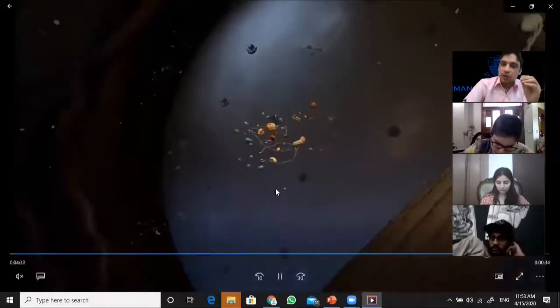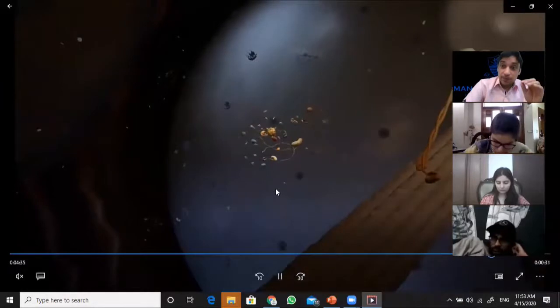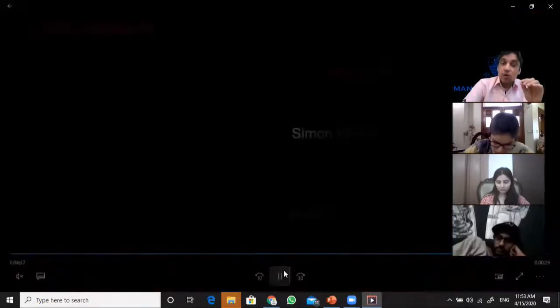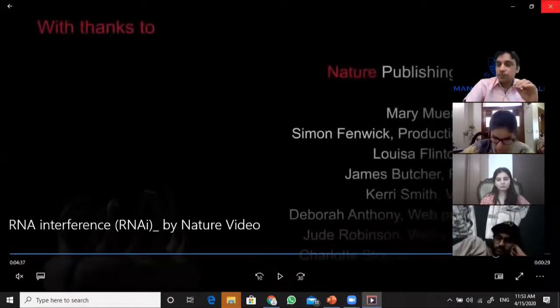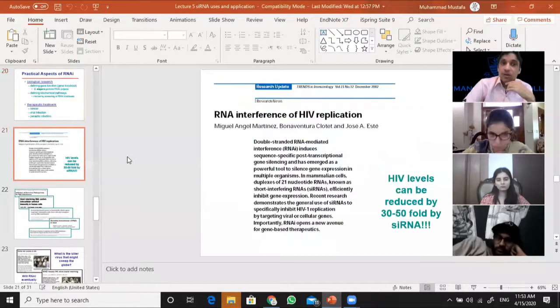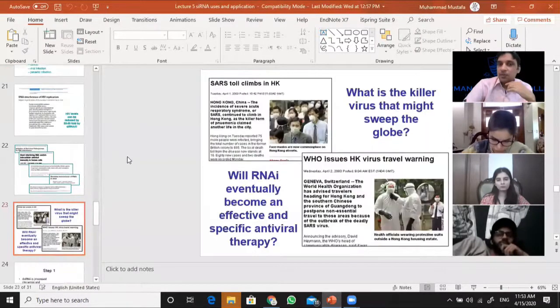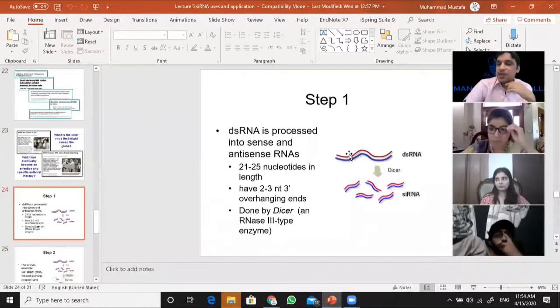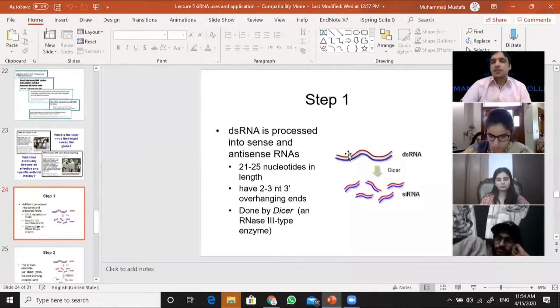The beauty of that procedure depends on the potential of humans, the potential that we can design the double-stranded RNA of our own choice. That means we can choose which gene we want to silence.